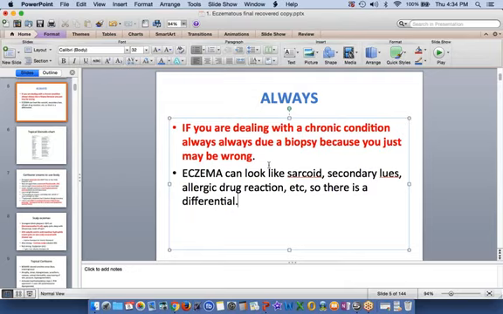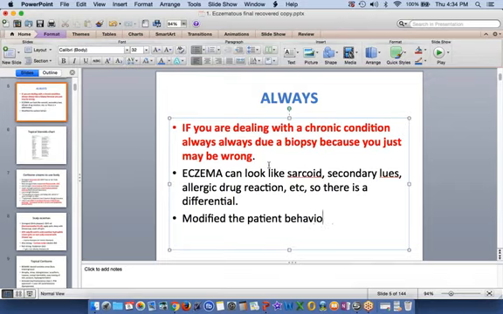Some of us do the biopsy in the get-go, so we know what the hell we're treating. Most of us do it after, if the patient is not getting better, or if they get better and the condition continues to recur, even after we've modified, and this is a very big thing, modified the patient's behavior, okay? Behavior.